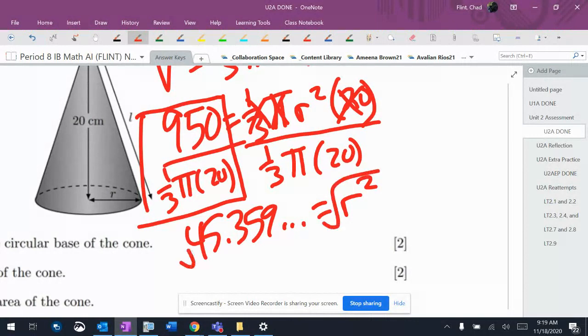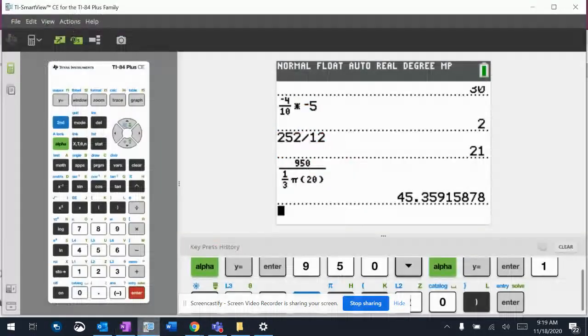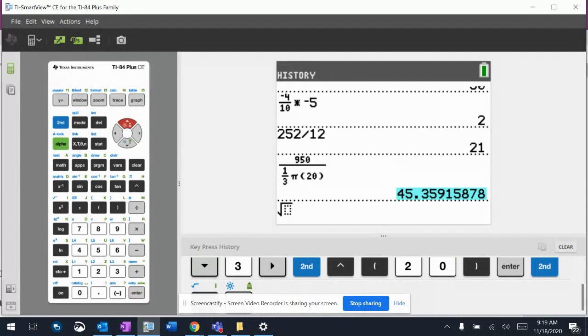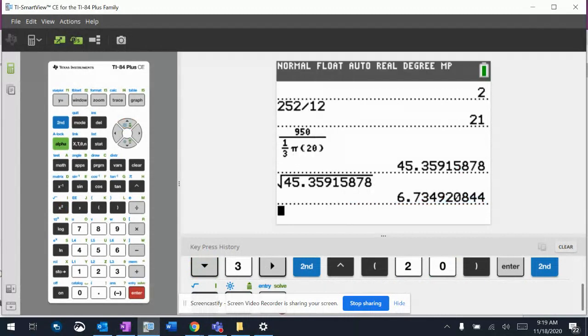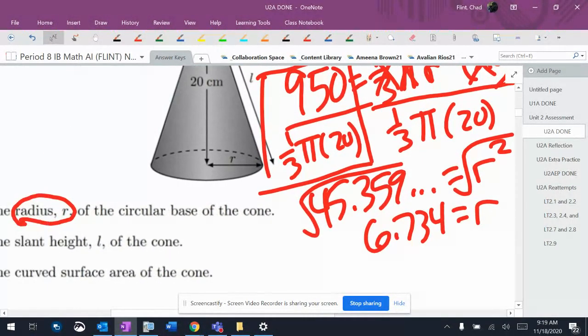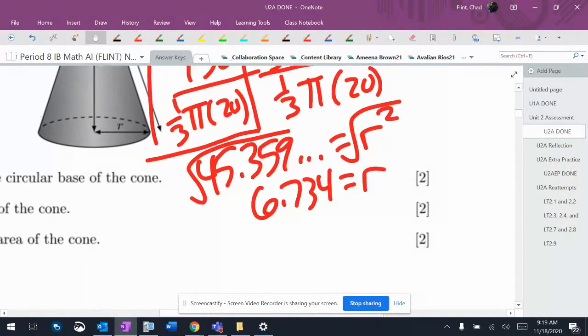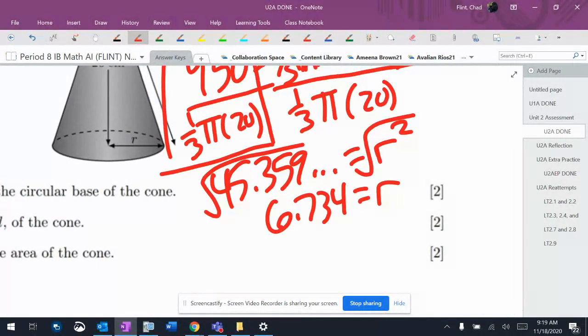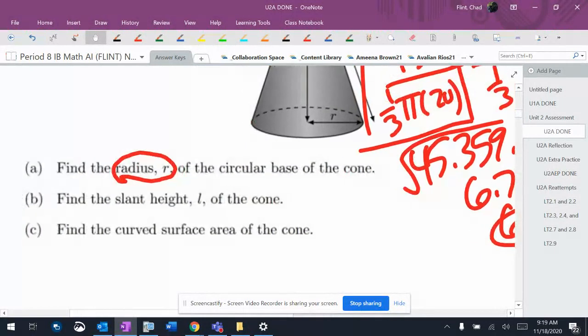So I need to take the square root of that to get my answer for what the radius is. 6.734. All right, so 6.734. It doesn't say what to round to, so I'm doing 100th still. All right, so 6.7. All right, so there's the answer to part A.